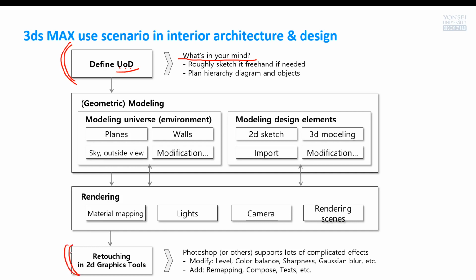And retouching, final visualization, is also very critical. Simply put, Photoshop skills are going to determine the final quality of your output. Anyway, two major parts, modeling and rendering. In other words, visualization. In a nutshell, two major parts.